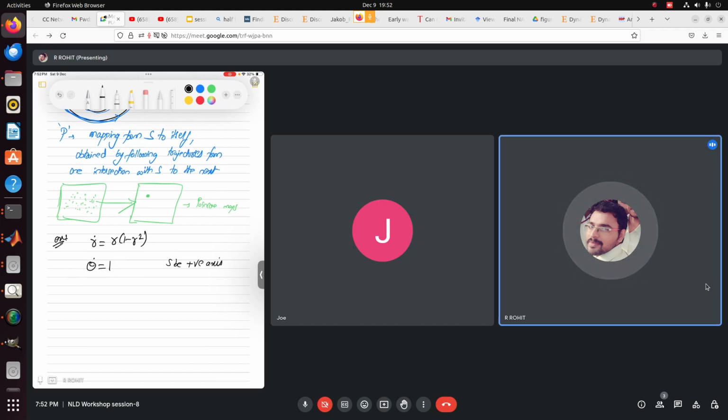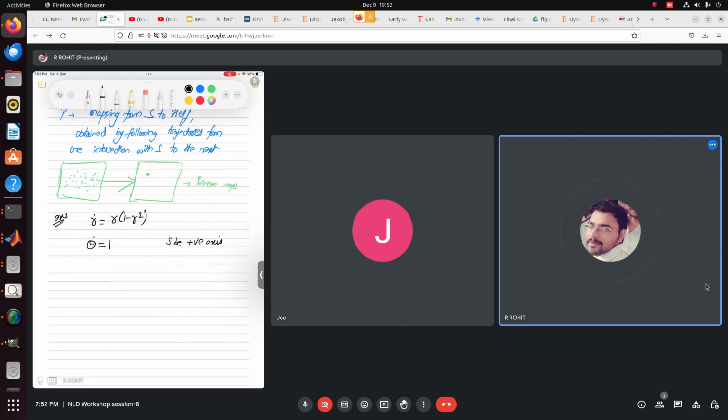Now if you want to compute the Poincare map for this, say we have an initial condition r naught, and say I am plotting the graph here. This is the r value. Now the initial condition on S is r naught, and we know that theta dot equal to 1 is already given in the equation.